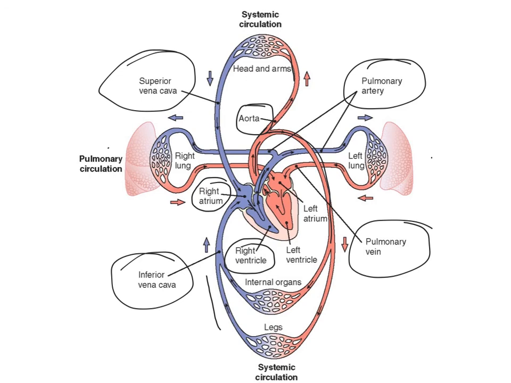They then go into the left atrium. They then go through this valve here, which is the bicuspid valve, into the left ventricle. From the left ventricle, it gets pushed through this valve here, which is the aortic valve, back into the aorta to go to the head or arms, the internal organs, or to the legs. And it happens all over again.